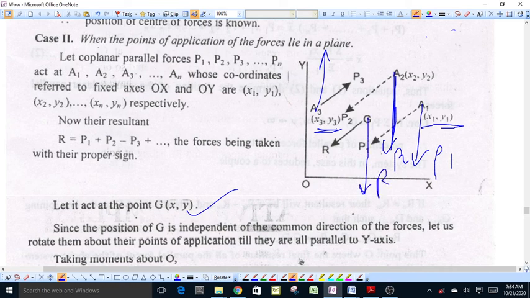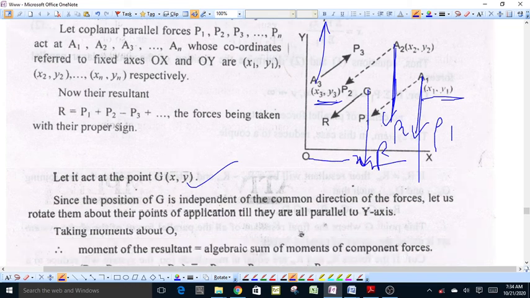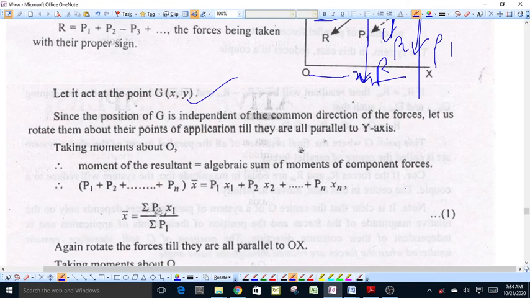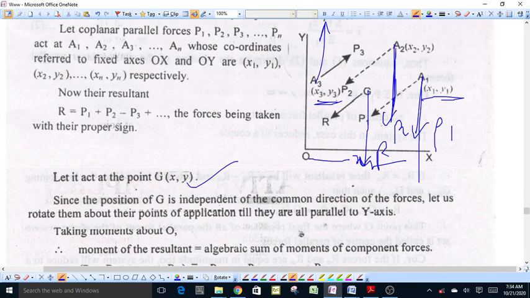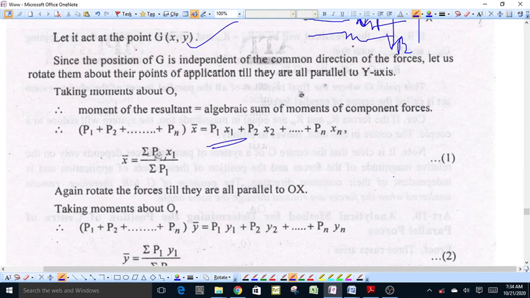Now, the moment of all these forces about point O. This distance is x1, therefore the moment of P1 about O will be equal to P1 x1, and the moment of P2, which acts at point A2, about O will be equal to P2 into x2, and so on.